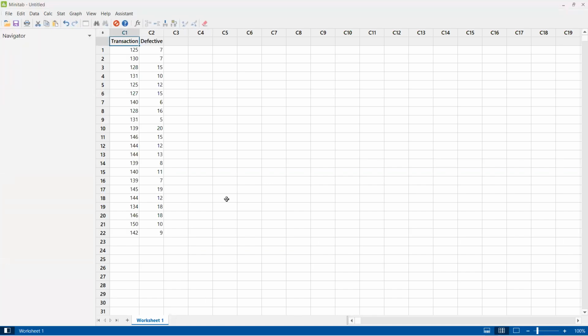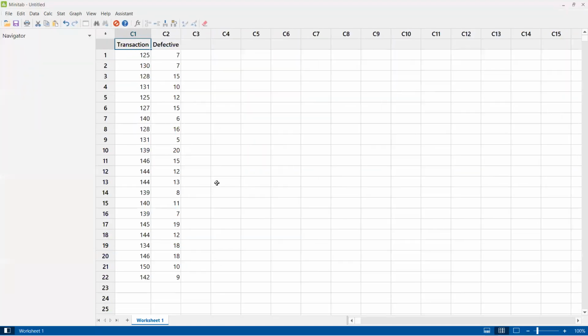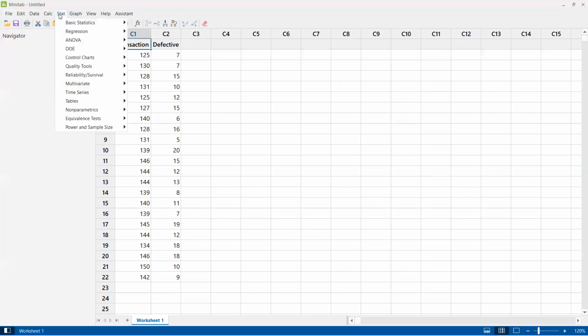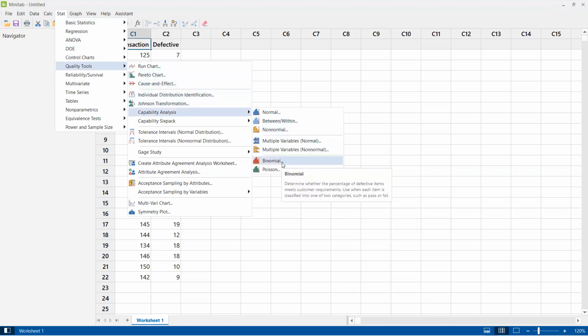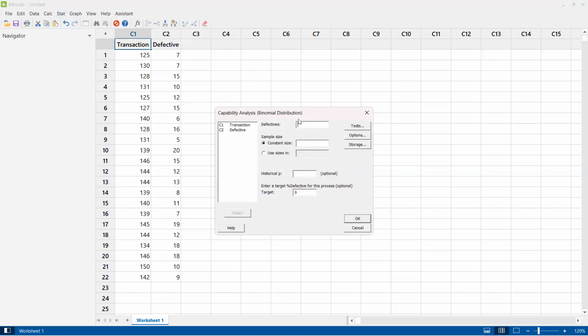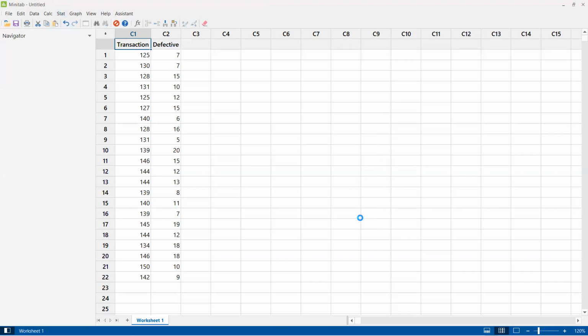Now, go to Stat, then Quality Tools, then Capability Analysis, and here you select Binomial. Select your defectives column. The sample size is not constant, we have a variable sample size, so we select the transactions done. Leave the rest as it is and just click OK.